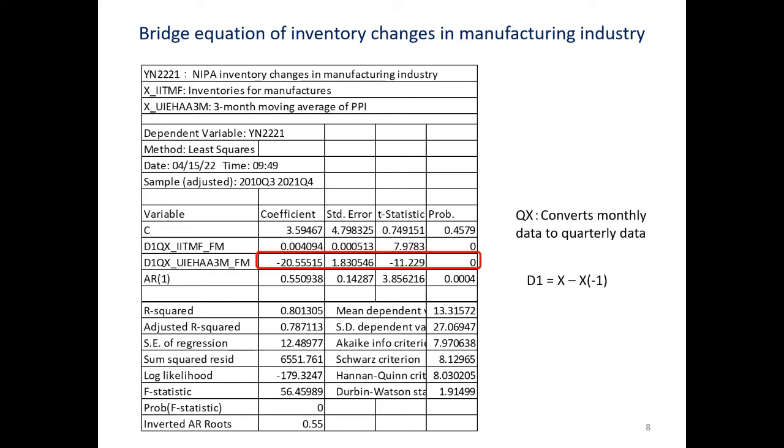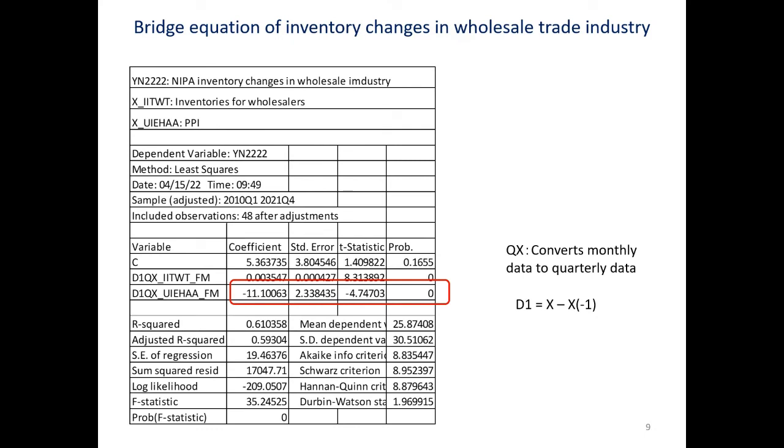If the PPI rises, IVA will decrease. In the case of wholesale inventory changes, PPI itself is used. Whether or not to take a 3-month moving average is decided from the estimation results.